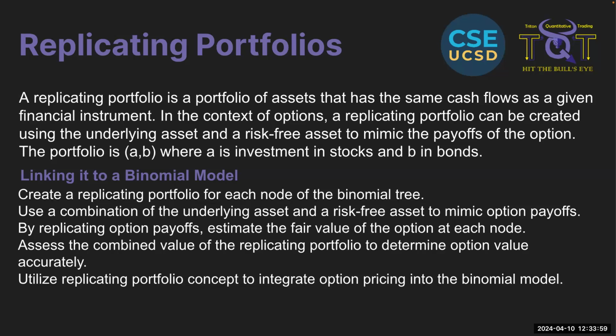So how do you link this to a binomial model? You would create a replicating portfolio for each node of the binomial model. As we saw, it was US0, DS0, U squared S0. These are your nodes in the binomial model, and you would try to create a replicating portfolio at every node.